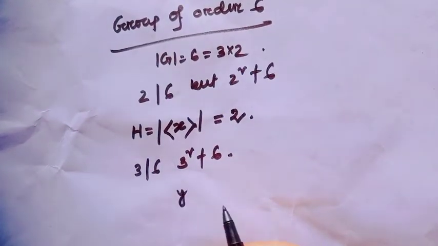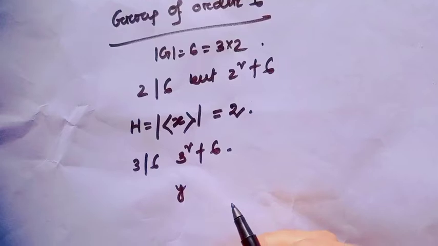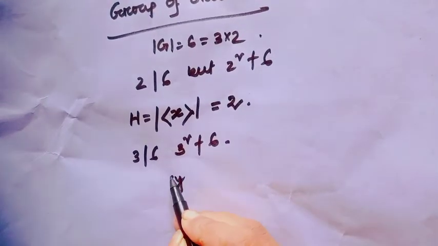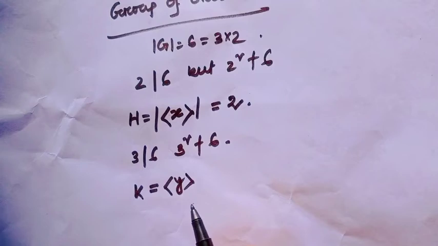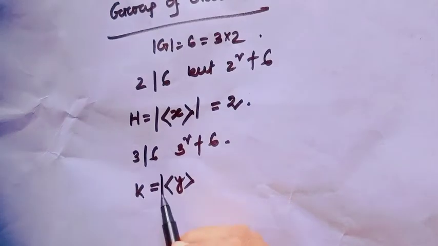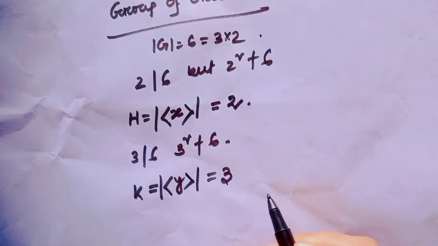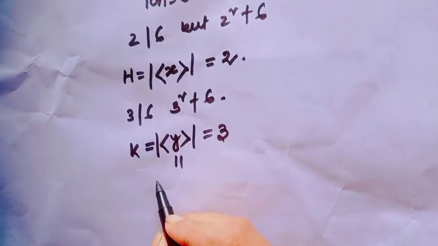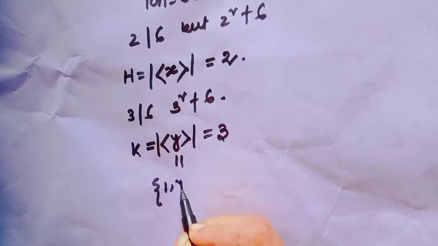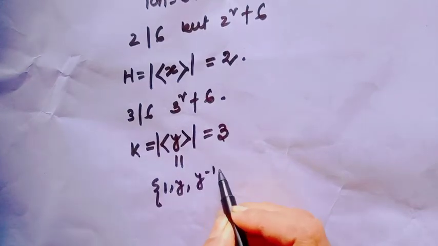Consider y to be an element of order 3, which always generates a subgroup. Consider this subgroup K, which is the 3-Sylow subgroup, and the order of this subgroup is 3. That means this subgroup contains the elements 1, y and y inverse.